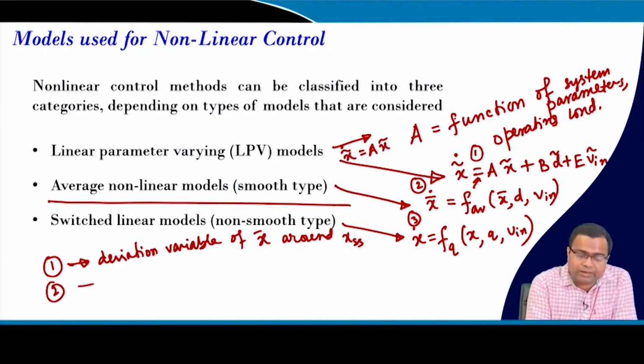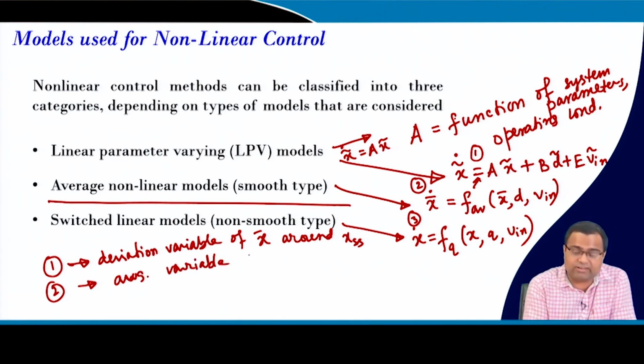Model 2 considers the average variable, the average quantity, and model 3 considers the switching dynamics.